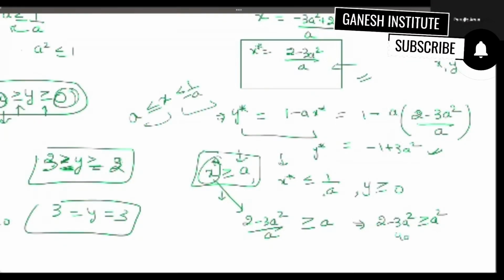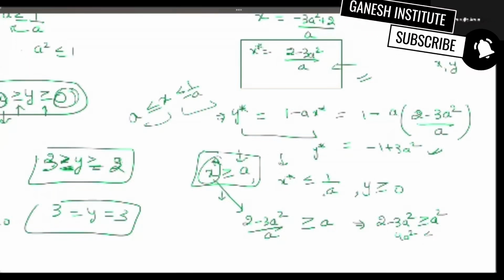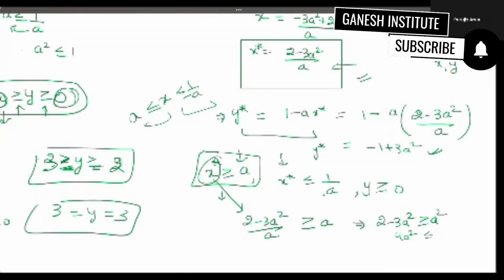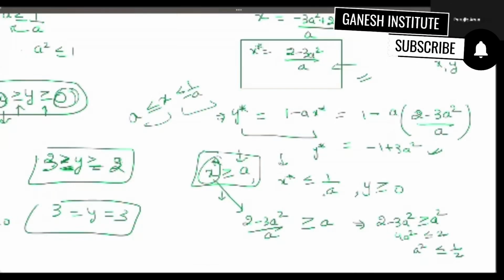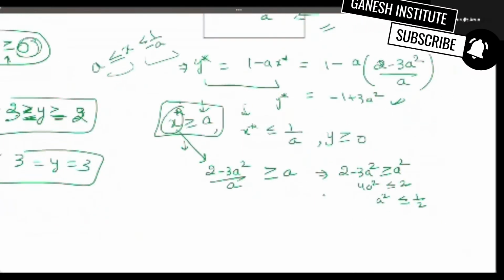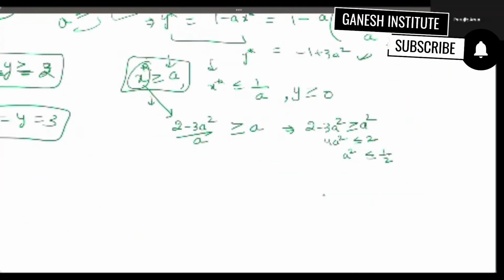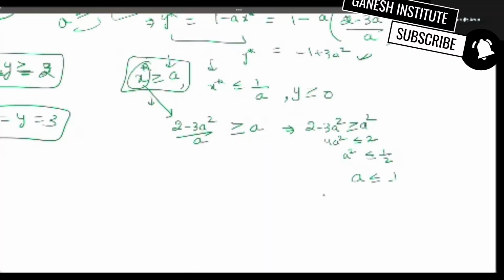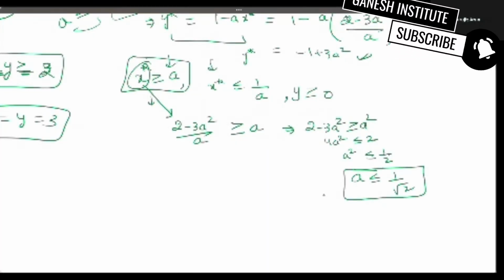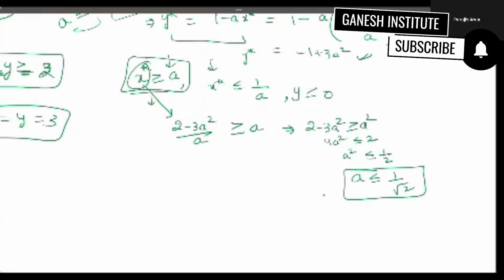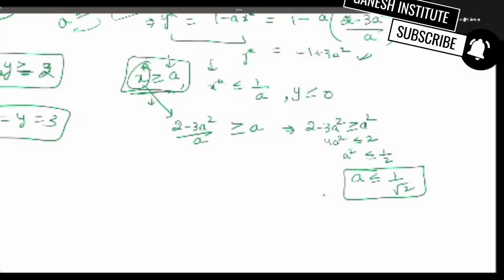So 2 is greater than or equal to 4a square. A square is greater than or equal to 1 upon 2. A is less than or equal to 1 upon root 2. So I found out the exact value of a when x is greater than or equal to a.